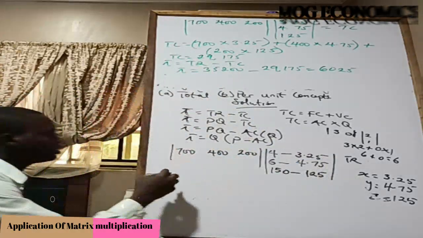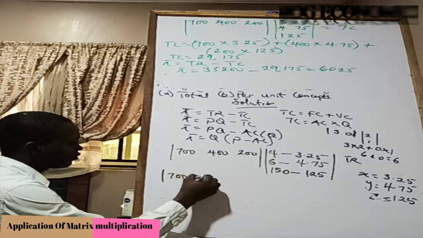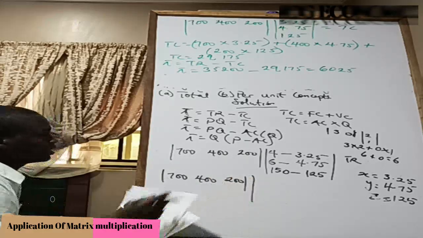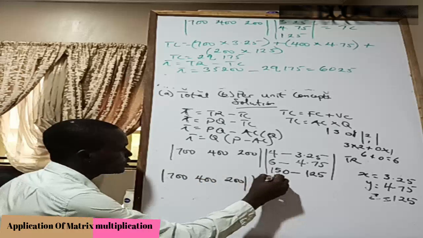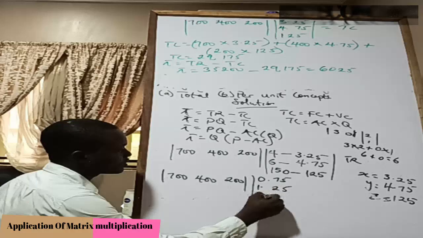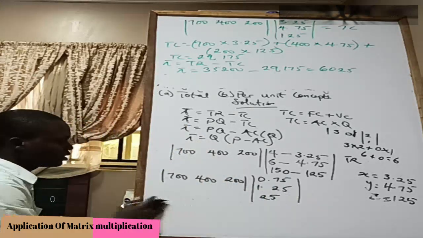So from here we proceed with 700, 400, 200. When we do the subtraction, we get 0.75, 1.25, and 25. Now we can multiply the way we did it the other time.